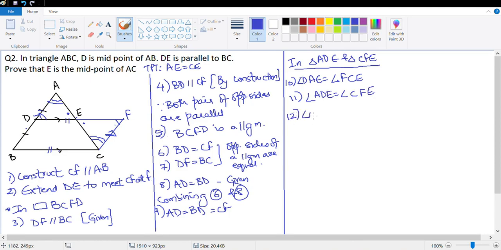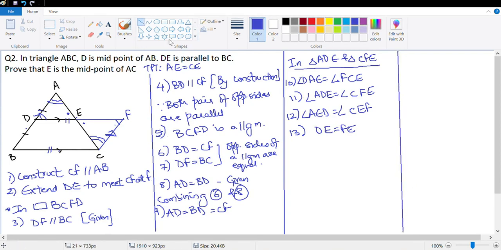Number 12, angle AED is equal to angle CEF. And then the last thing is DE is equal to FE. Let's write the reasons now. The first two are alternate angles, angle A and angle D. Yes, these are alternate angles, are equal. This is a vertically opposite angle, and this is from DE and FE.